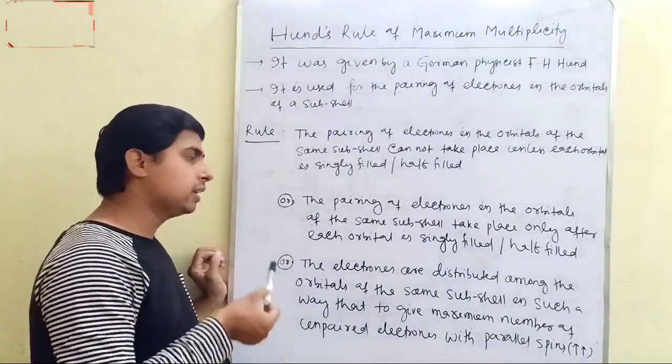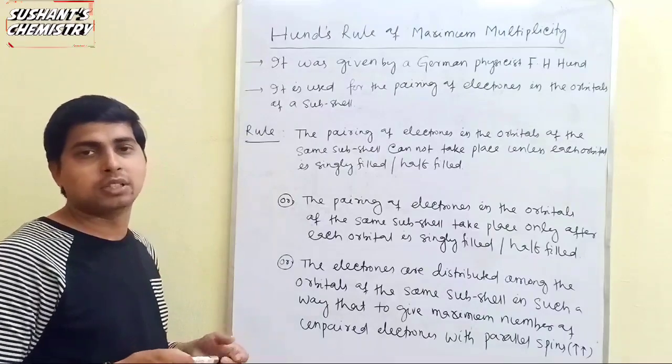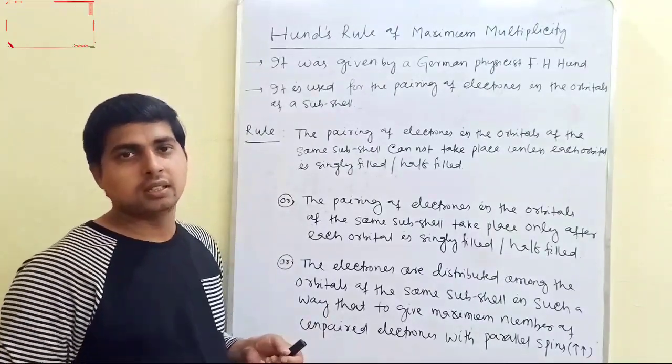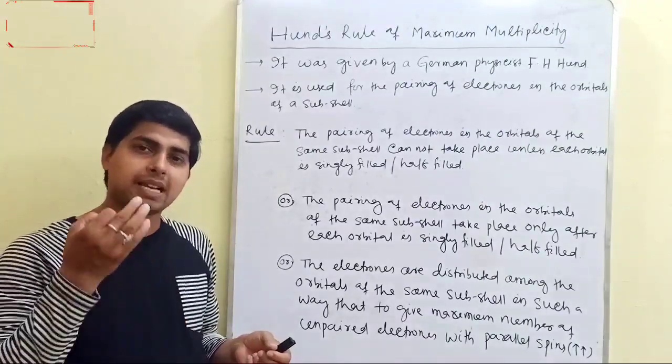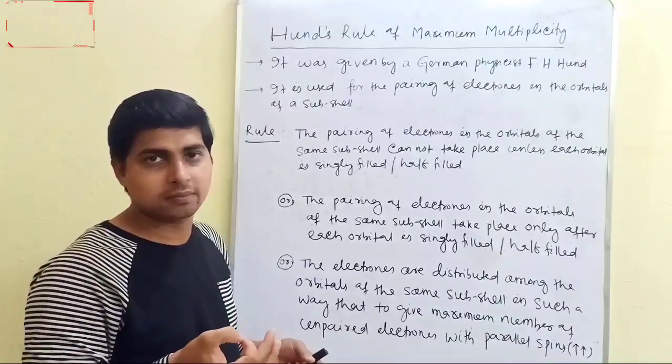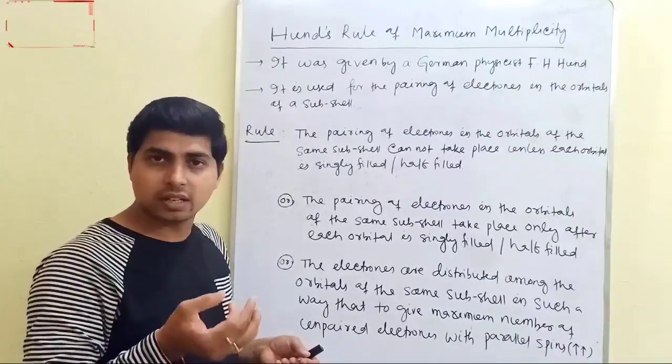In other words, the electrons are distributed among the orbitals of the same subshell so as to give the maximum number of unpaired electrons with parallel spins. I hope you are understanding.